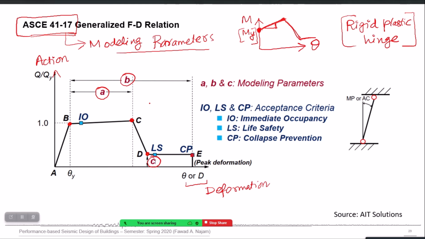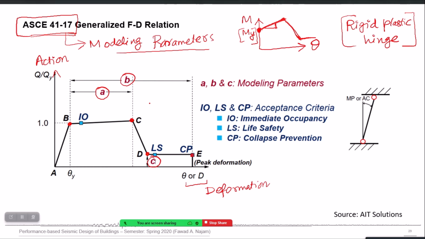The shape is still in our hand when we define that hinge in the program, but as I was telling you, ASCE 41 prescribes a standard shape of any action versus deformation, and then it provides the required constants to plot that shape.